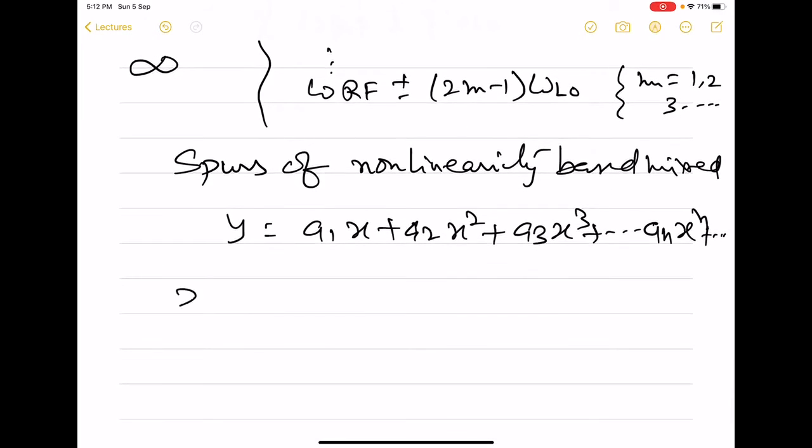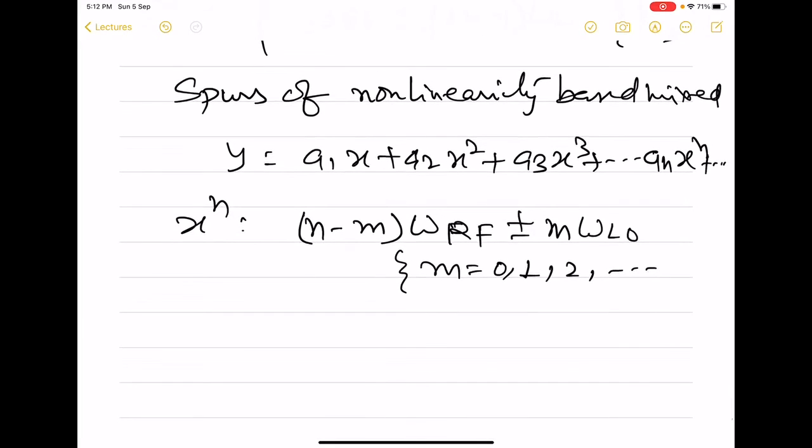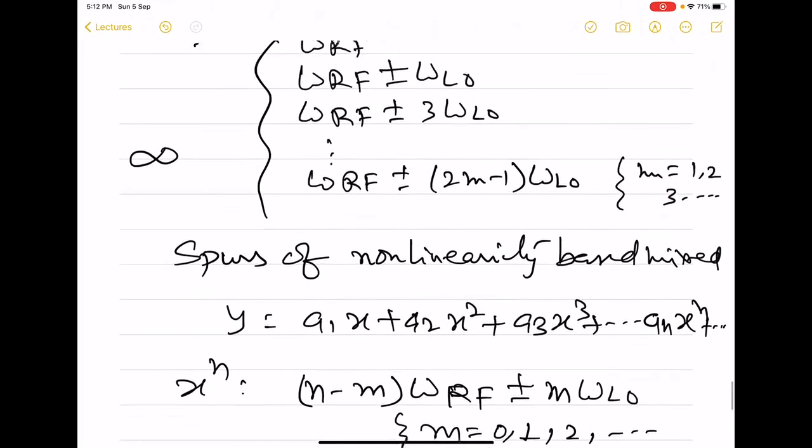Here we have seen that this nth term itself is going to give rise to these many frequency components. So here also we will have infinitely many components, but the total number of components here is going to be a lot more than the previous case.